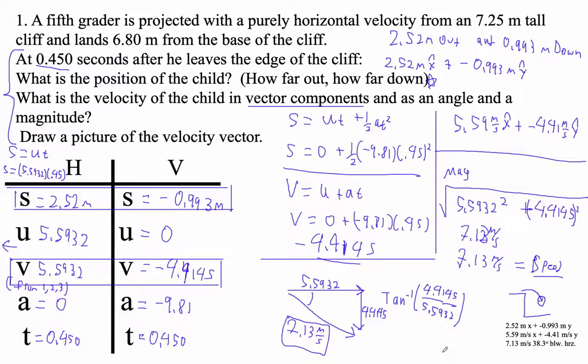So second tan of that guy divided by 5.5932. I got 38.3. Make sure when you're doing your tests that you draw this as arrows, and that you've labeled the hypotenuse and all that good stuff.